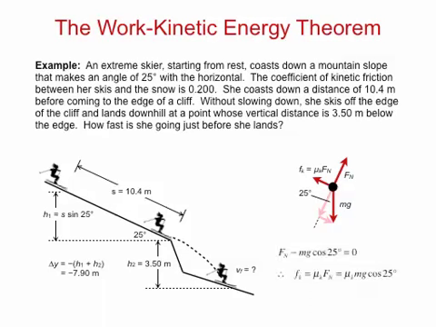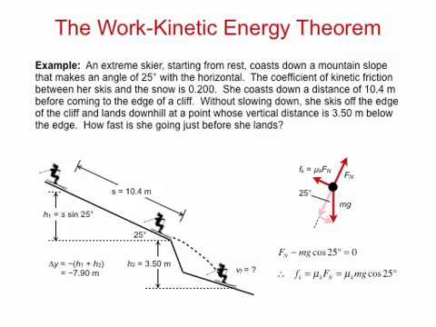If we resolve the weight vector into components parallel and perpendicular to the slope, and then recognize that the acceleration perpendicular to the slope is 0, we find that, when applying Newton's second law, the perpendicular component of the net force, which is F sub n minus mg cosine 25 degrees, is equal to the mass times the perpendicular component of acceleration, which is 0.